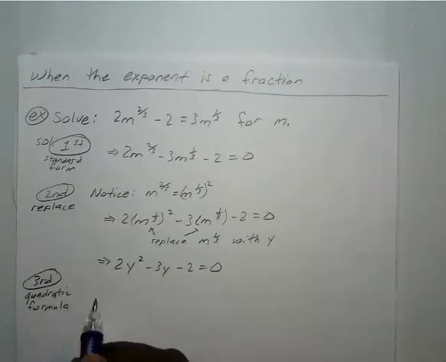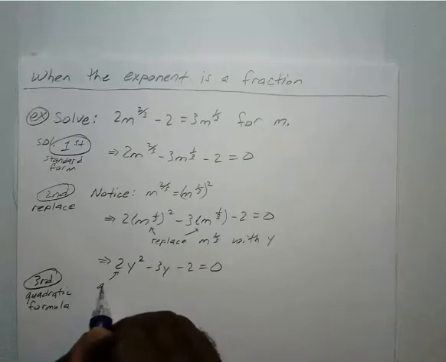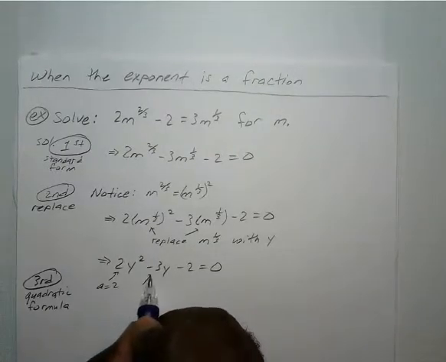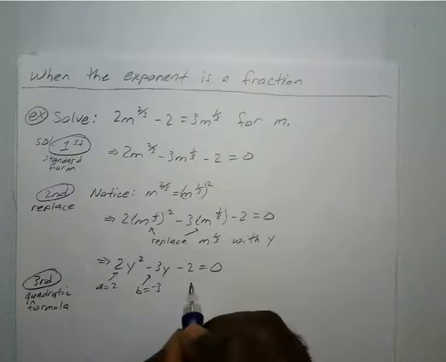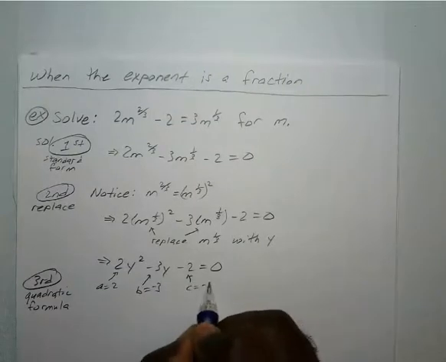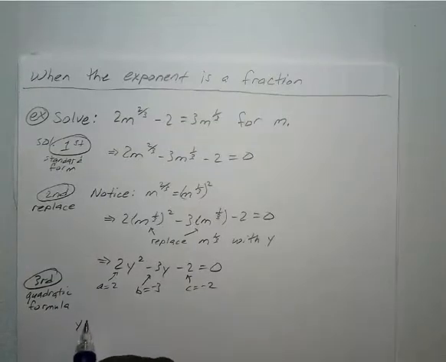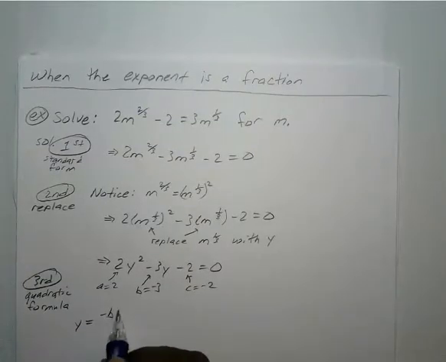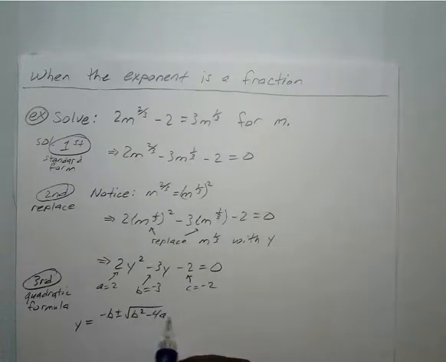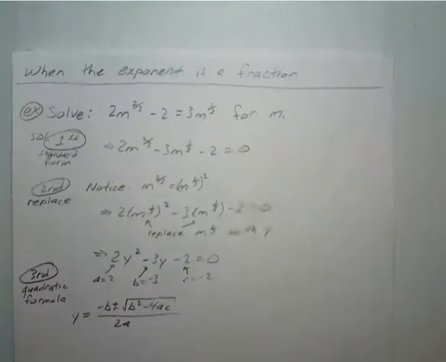Again, a is equal to 2, b is equal to -3, and c is equal to -2. So using the quadratic formula, y is equal to -b plus or minus the square root of b squared minus 4ac, all over 2a.